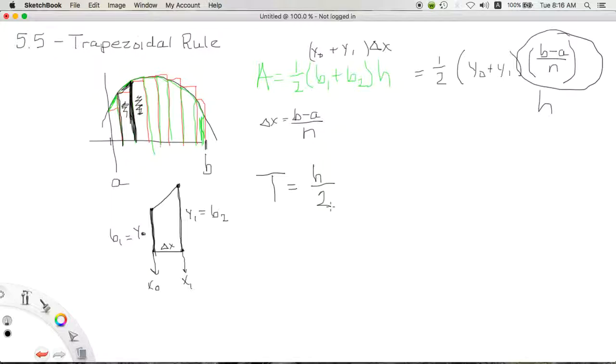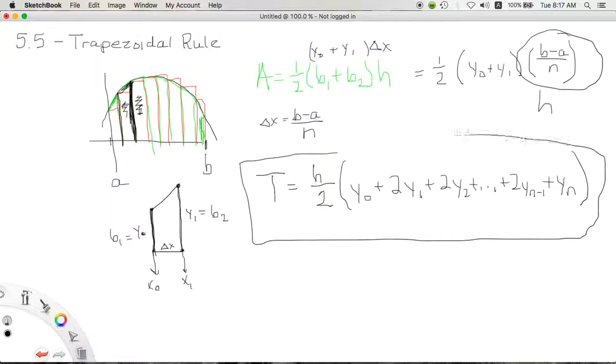H over 2 times, now that first one we don't repeat, but the second one we do, and the third one, and so on and so forth. And then the last one we don't repeat either. So this is adding up all of the bases as we need it, and then this gives you the 1/2 times this H part here. So this is your trapezoidal formula.